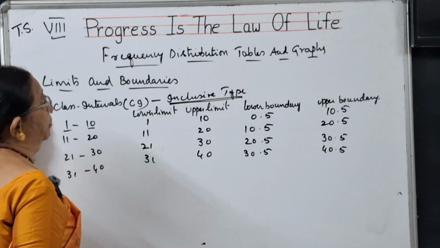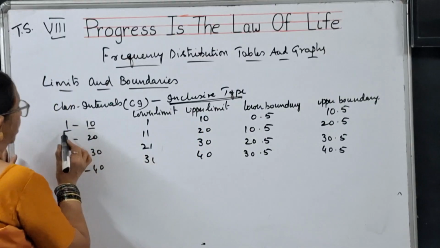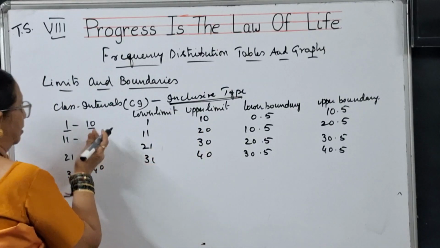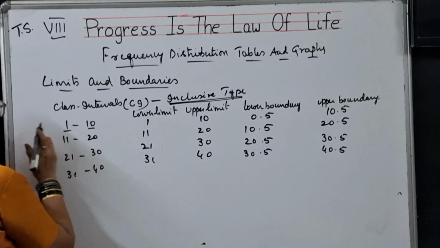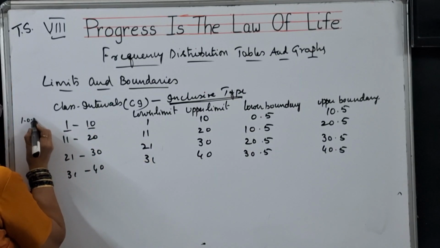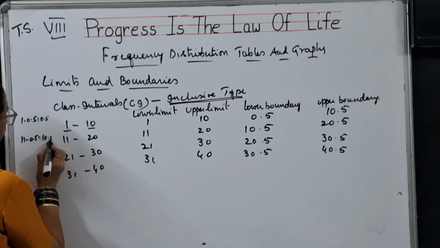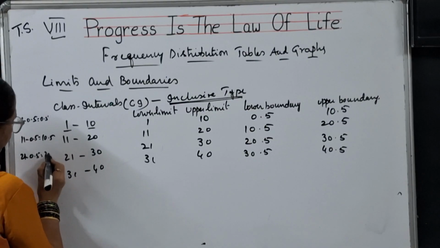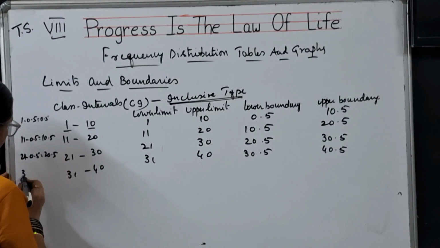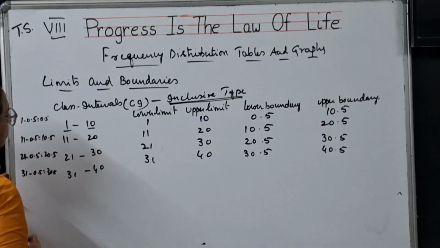For inclusive type of class intervals, the lower limit and upper limit are the first and last values. And lower boundary means 1 minus 0.5 is 0.5, 11 minus 0.5 is 10.5, 21 minus 0.5 is 20.5, 31 minus 0.5 is 30.5.